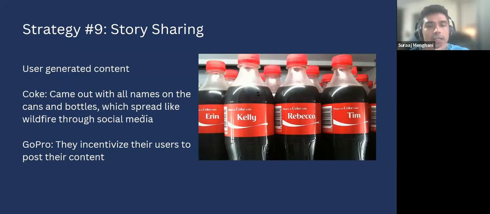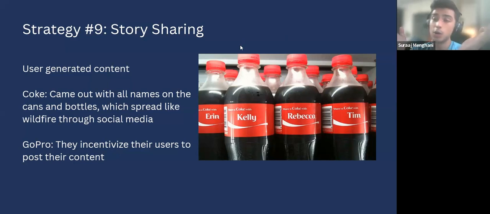I don't know the Surf Excel strategies, but a very important thing to notice is that whenever a brand tries to personalize things with your name, or incentivizes you to repost their content in order to get something, that is what story sharing is.